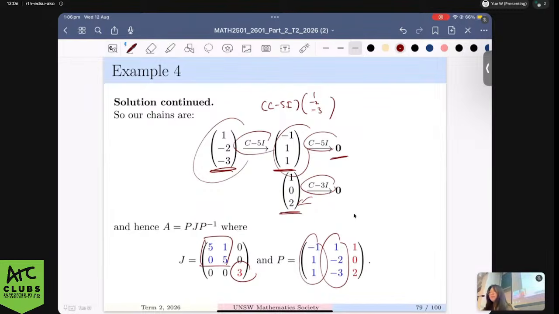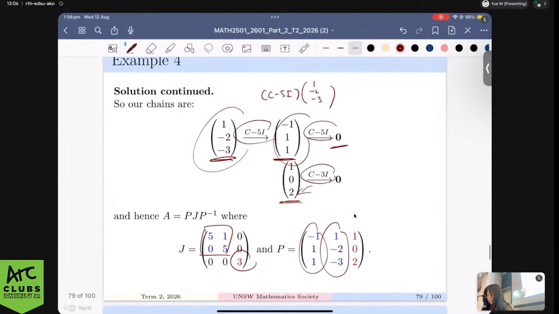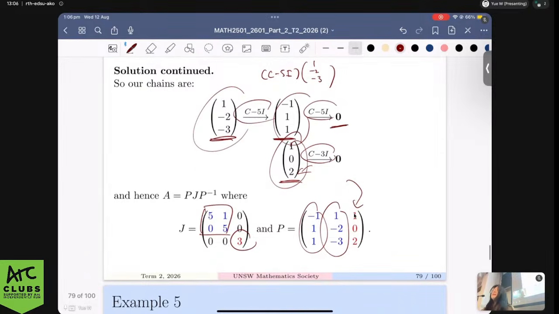So you read it backwards, and then just put it in the Jordan form. And you're left with this vector here for the corresponding lambda equal to 3. So just chuck it in, and you should be able to get your matrix P.